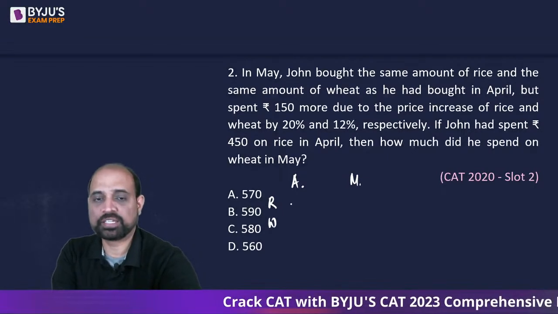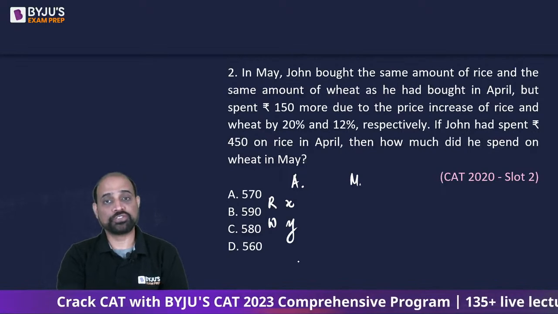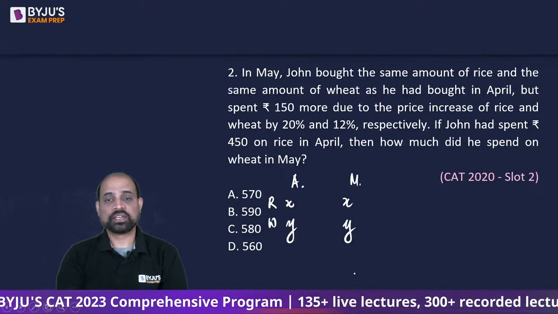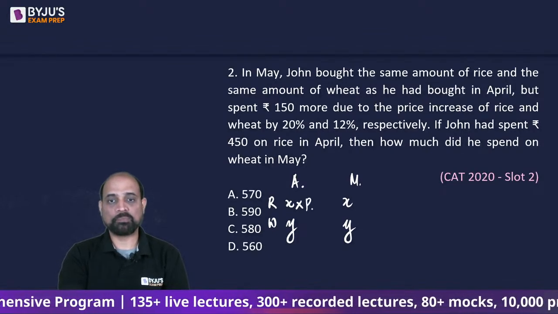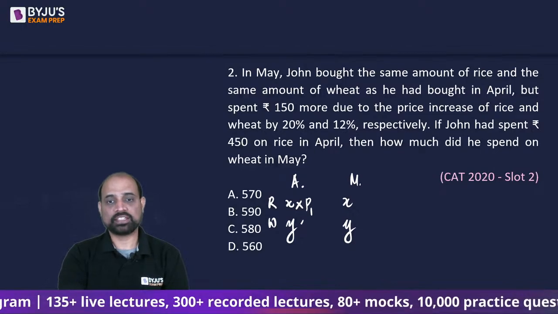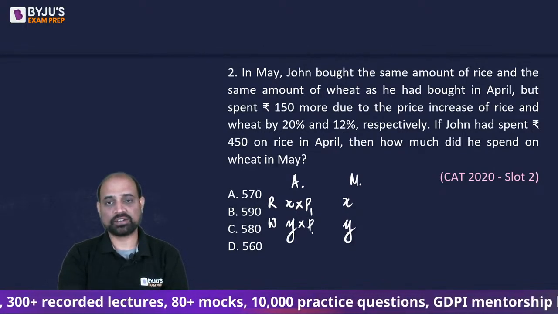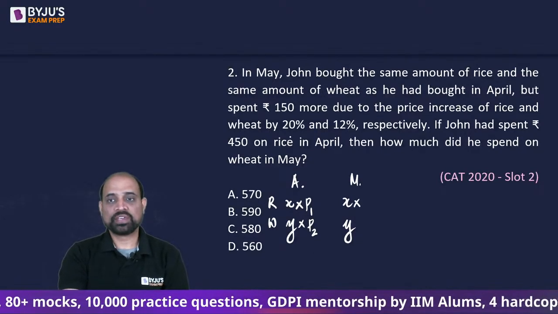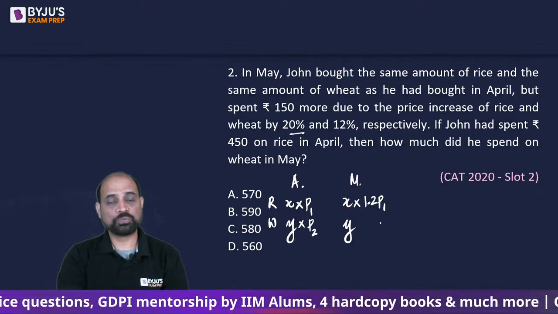Let's say he bought X quantity of rice and Y quantity of wheat. In May also he bought X and Y quantity. The price that he paid for rice in April is going to be P1, and the price that he paid for wheat in April is, let's say, P2. Then in the month of May, the price of rice increases by 20%, so it becomes 1.2 P1.